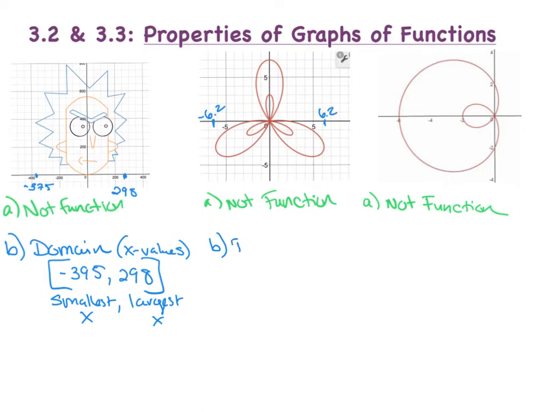So for our domain, which I'm going to shorten to D, remember these are the x values we're looking at. There's an infinite number because there's all these x values in between those two. But for the domain of this rose, it looks like we're starting at negative 6.2 and we're ending at positive 6.2. And for the limacon on the far right, definitely starting at negative 6 for our domain.